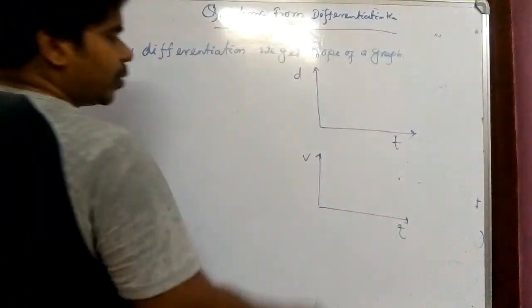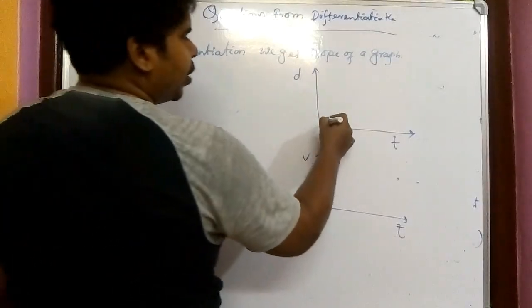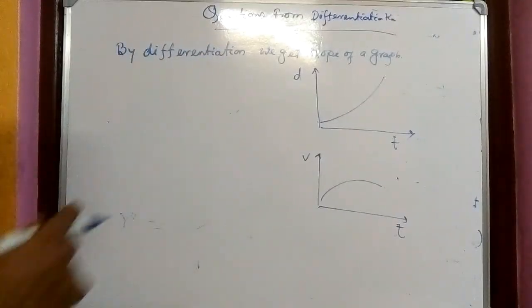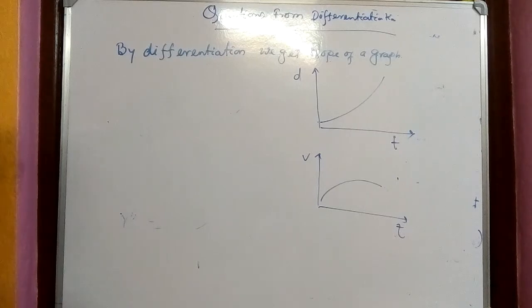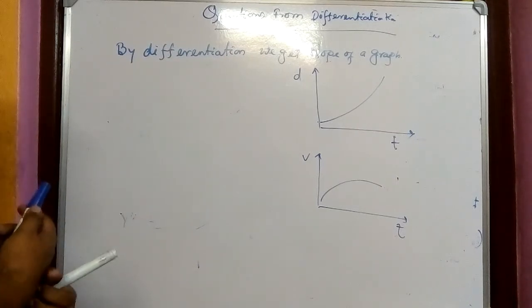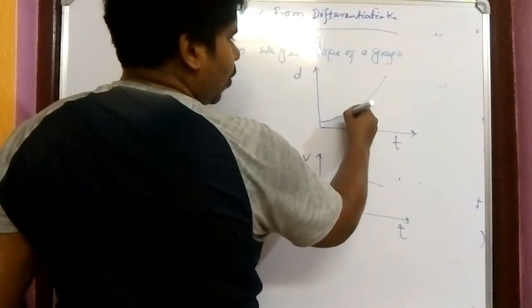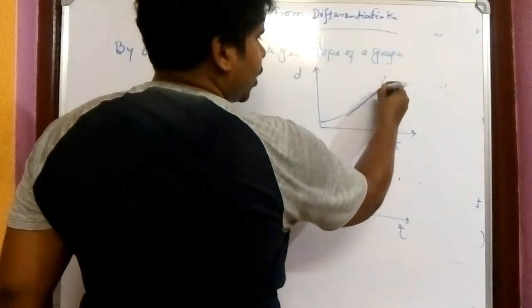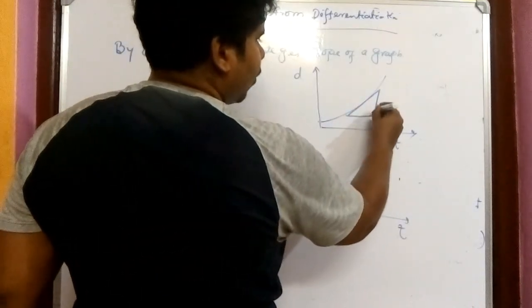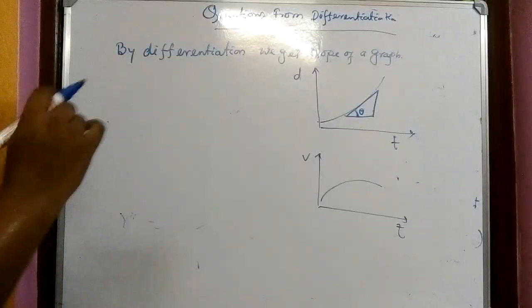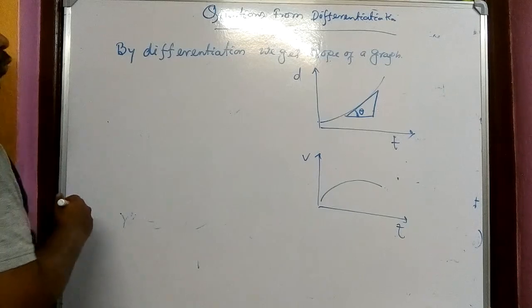Whatever the graph may be looking like, we are not bothered about that. As we are finding the slope, in the previous class I also told that the slope of the displacement time graph, that is tan theta, what we get is velocity.